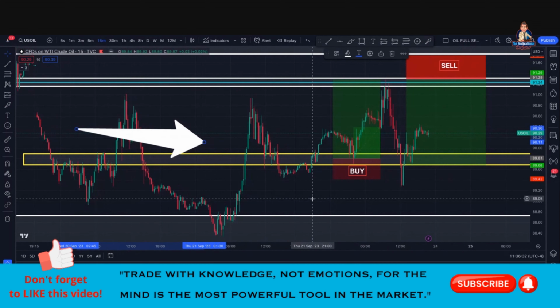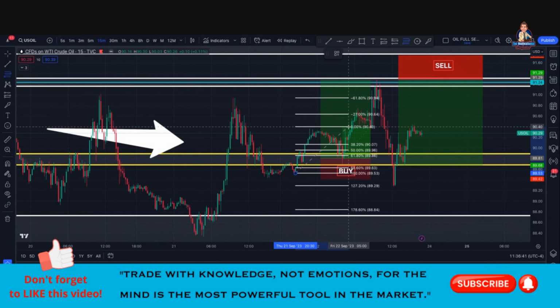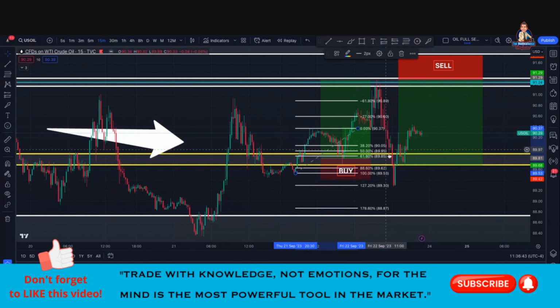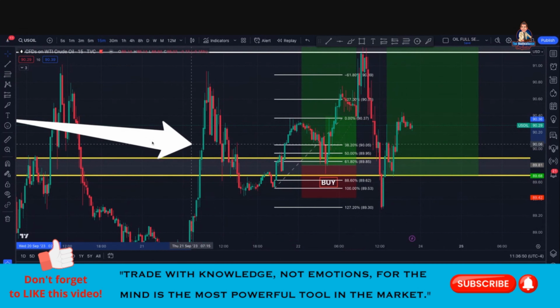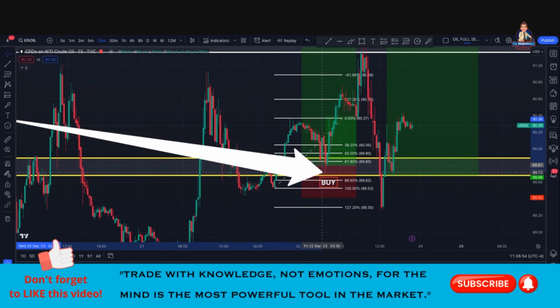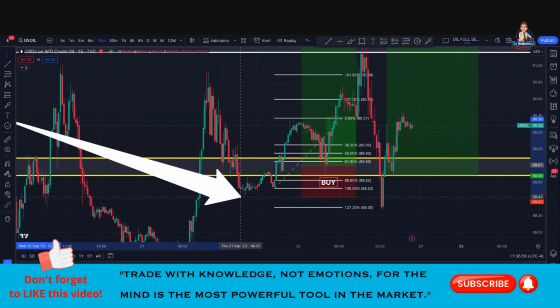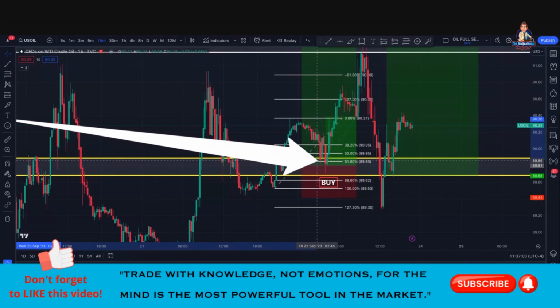When we saw price begin to break up, I threw a Fibonacci from this low up to where we began to see this reversal. So we had the zone established, we had the 61.8, and we had our stop loss down below this low right over here, but it still gave us an awesome risk to reward ratio.